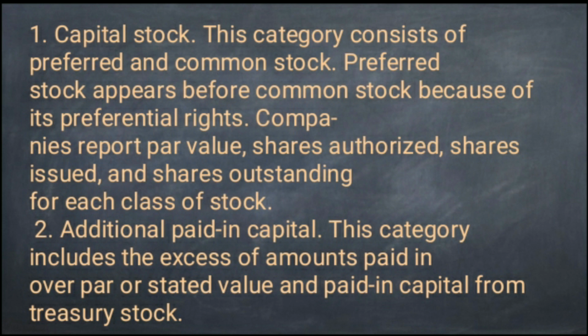Preferred stock appears before common stock because of its preferential rights. Companies report par value, shares authorized, shares issued, and shares outstanding for each class of stock. 2. Additional paid-in capital. This category includes the excess of amounts paid over par or stated value and paid-in capital from treasury stock.